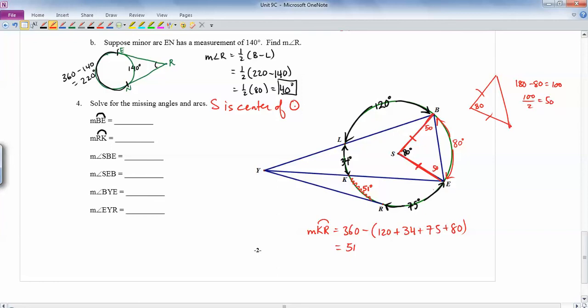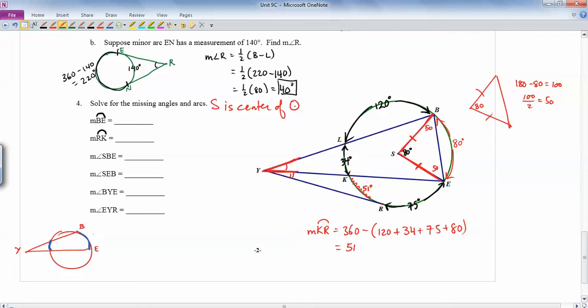What else do I have? I have these 2 angles out here. So I'll look at this one first. Here, I'll draw it over here. Let's see, it's way outside the circle. This is angle BYE. And it's an outside angle, so it carves out 2 arcs. The big one over here and the little one over there.